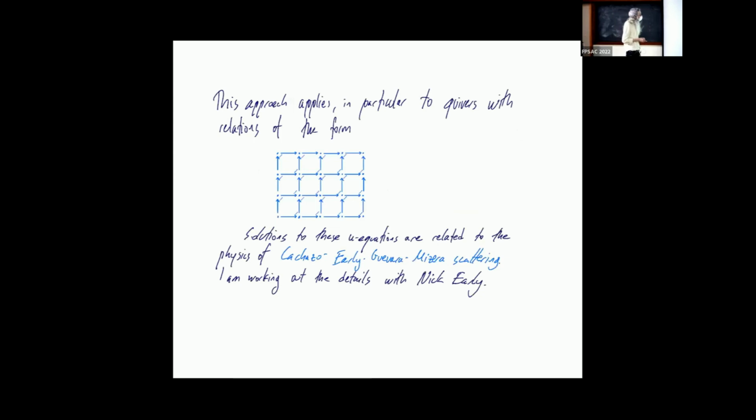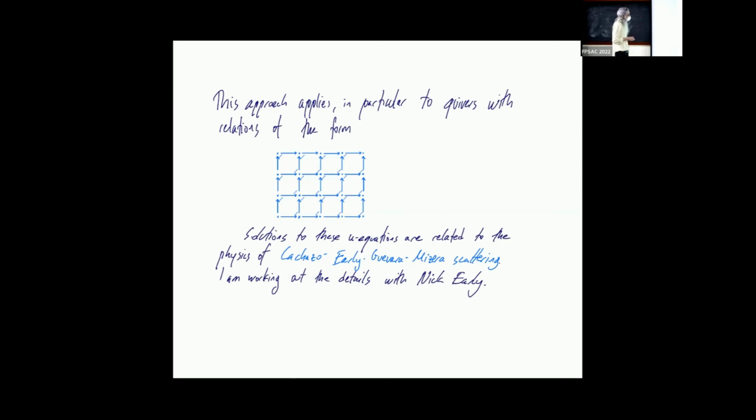is related to, for example, the quivers that look like this, these grid quivers. Where these little dotted lines are, that represents the fact that the corresponding composition of two arrows is supposed to be 0.